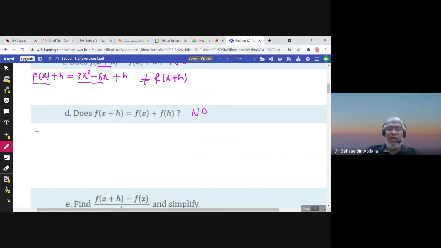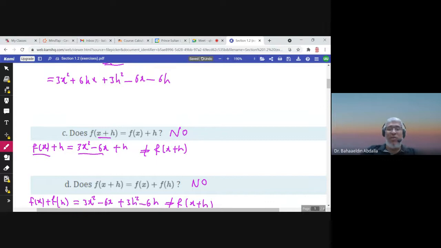Anyway, to check, I will find f of x plus f of h. We have f of x, which is 3x squared minus 6x. And how do we find f of h? We replace x by h. So we will have 3h squared minus 6h. So this is f of x plus f of h. But this is not equal again to f of x plus h, because this is f of x plus h.